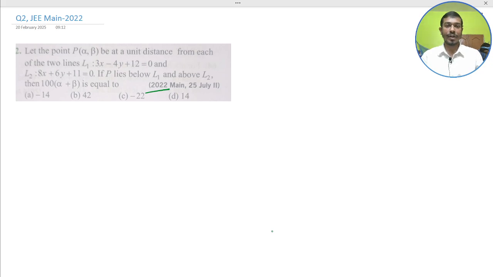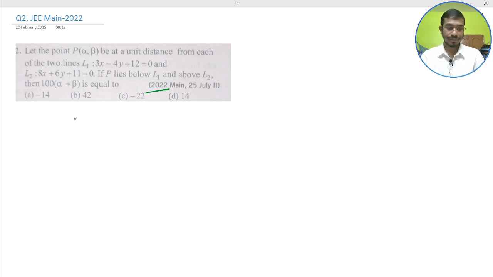If P lies between L1 and above L2, then you have to find the value of 100 into alpha plus beta.